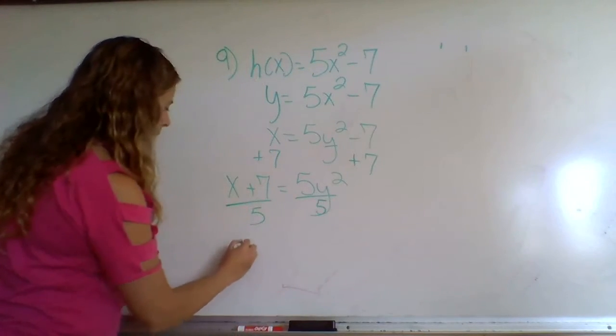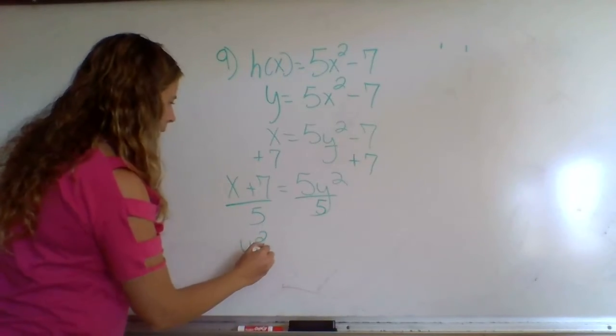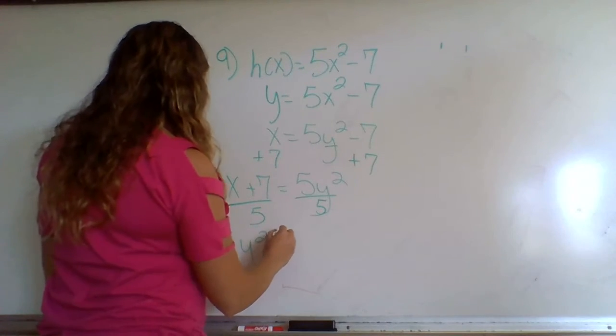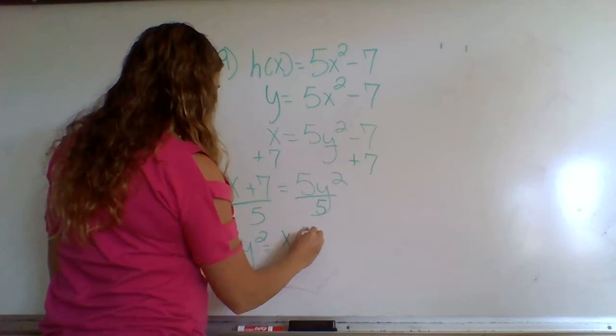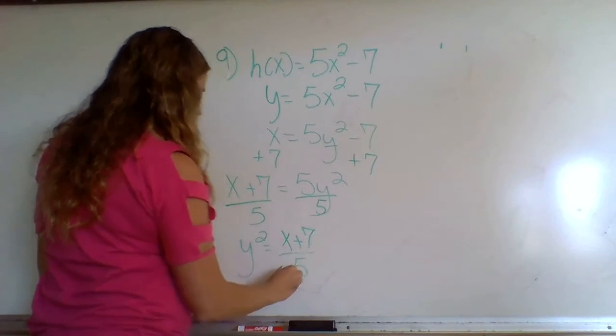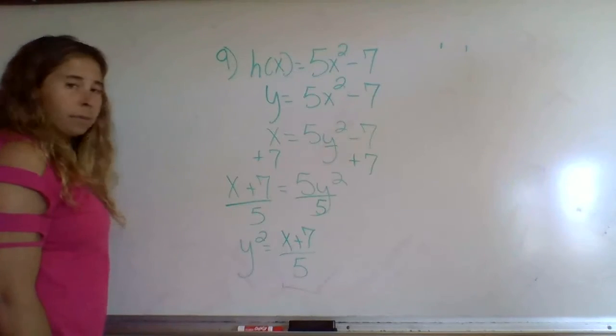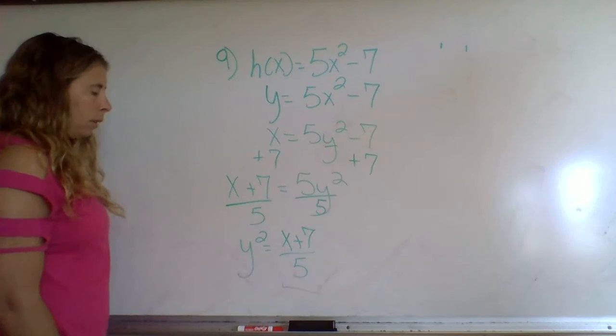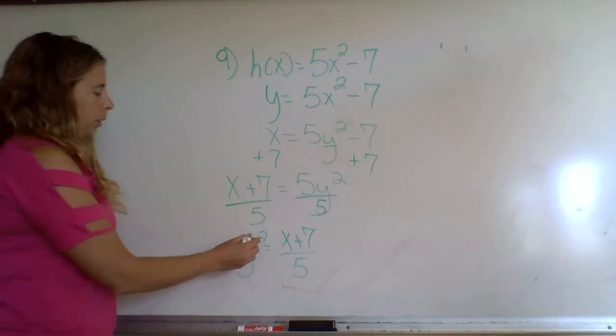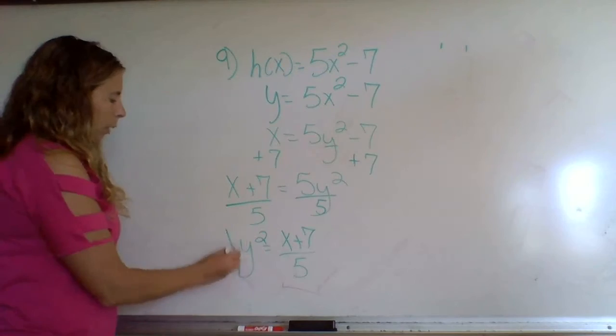So y squared equals (x plus 7) over 5. One more step. Now I have y squared, so we're going to take the square root.